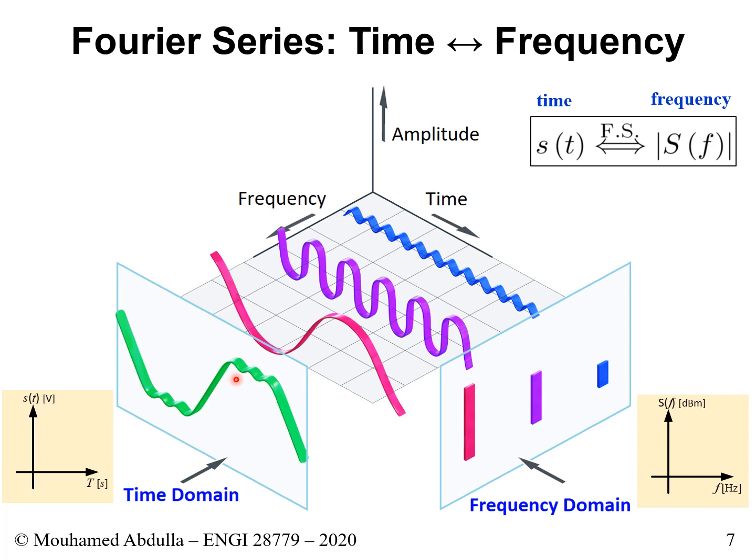Essentially expressed in a series notation, right? Basically the collection of these ones. And if I give you this or this, you'll be able to get the frequency of it, right? So if you have s of t, you should be able to get S of f. And if you have S of f, you should be able to get s of t. And again, s of t is constructed by adding all these different tones.